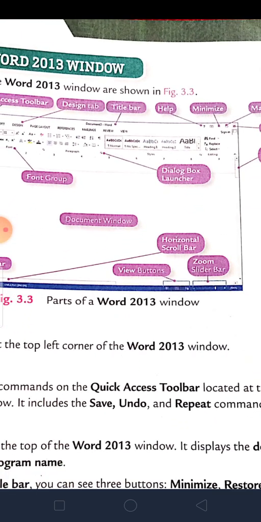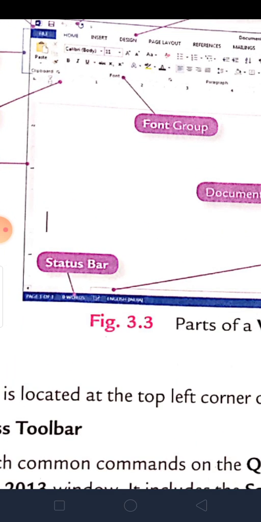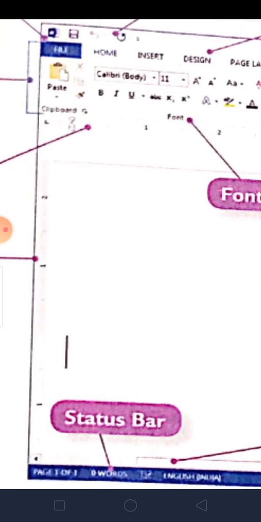Next comes the horizontal ruler. See, this one is the horizontal ruler. When we write on the document window, we will see a ruler over the document window. That is called the horizontal ruler. Then on the left side, you will see the vertical ruler. The horizontal ruler helps to set left and right margins, and the vertical ruler helps to set top and bottom margins.